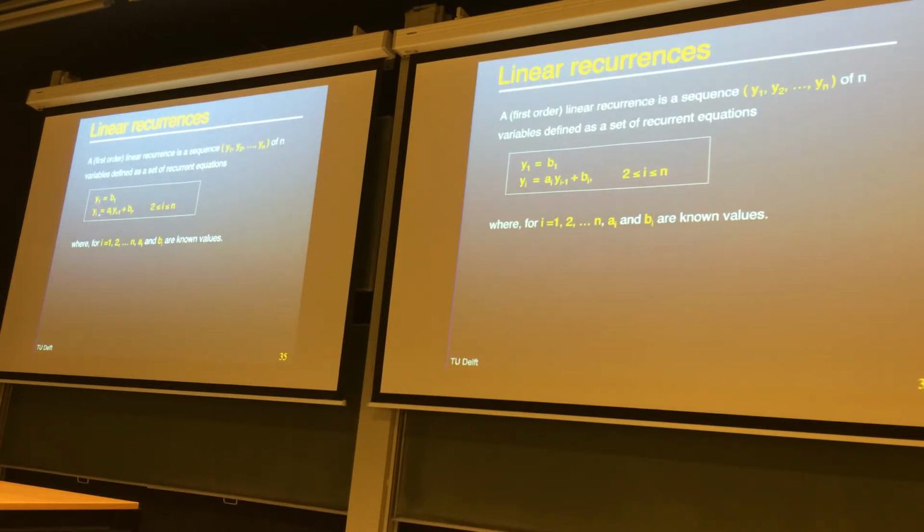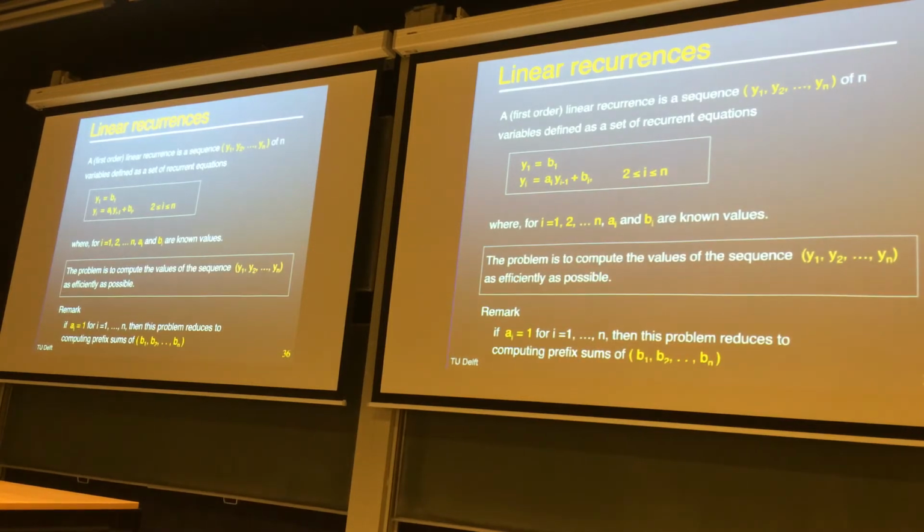But the remaining terms are all related to preceding variables. So yi equals ai yi minus 1 plus bi, for i between 2 and n. Again, ai and bi are known values, coefficients. The problem, of course, is to compute the values in such a sequence as fast as possible.